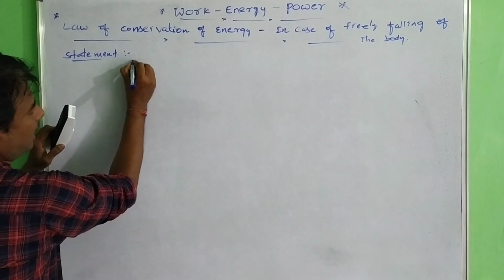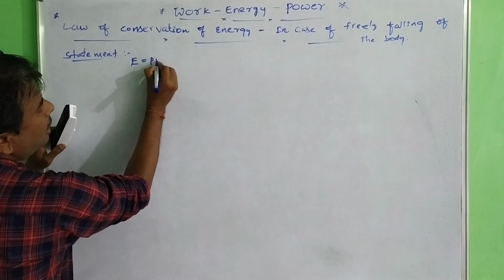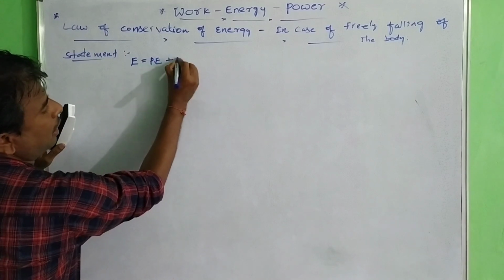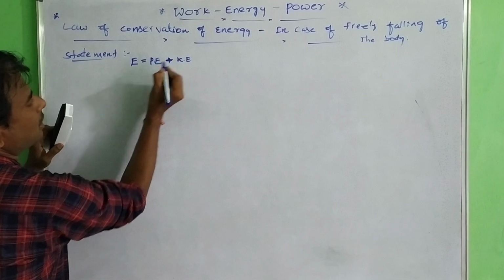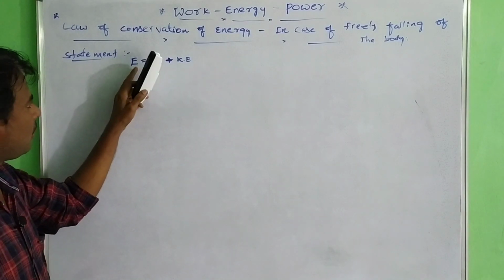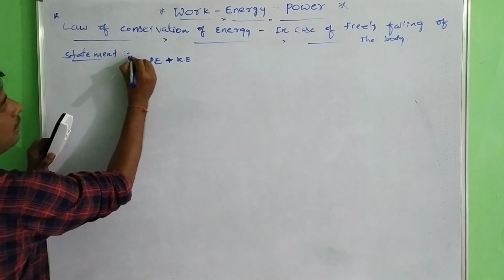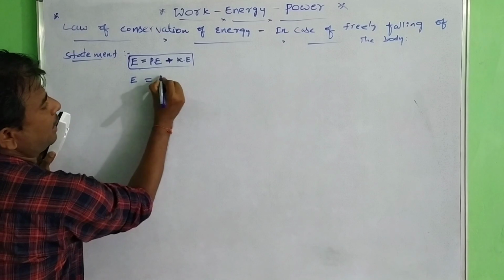Mechanical energy is represented by E. E equals potential energy plus kinetic energy. E equals constant.